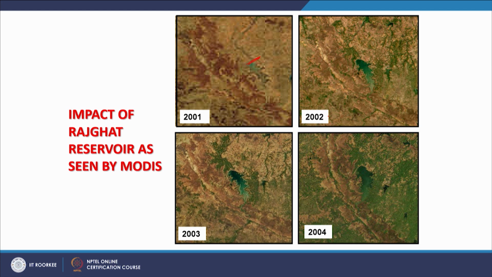So, what you are seeing in 2002, some water has already come here, and also keep watching in these 4 images in the time series the growth of vegetation. Now, this is 2003, and you see in the downstream area where earlier there was hardly any vegetation in 2001, now it is showing the growth of vegetation.